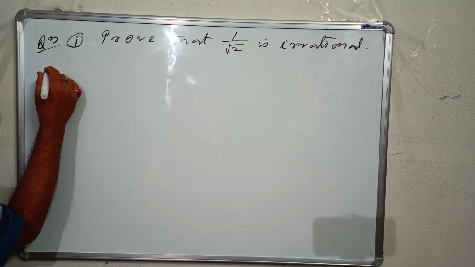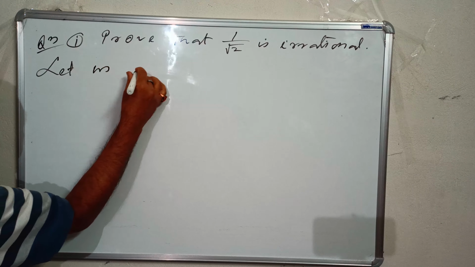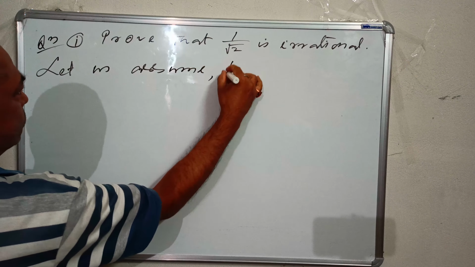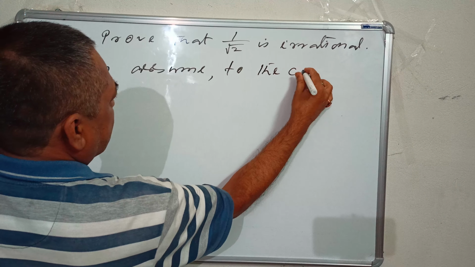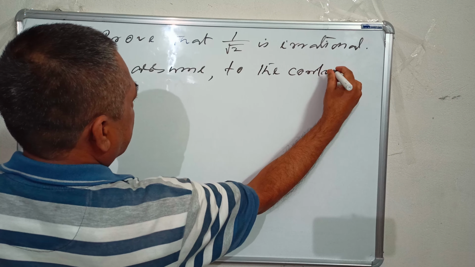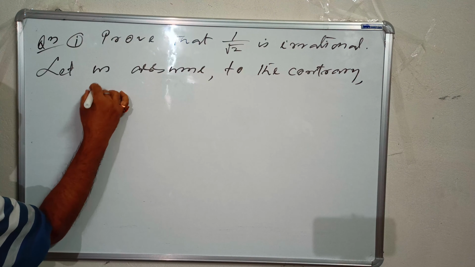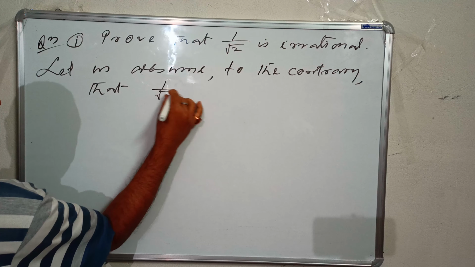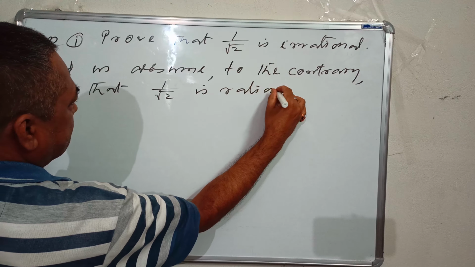So let us assume to the contrary that 1 by square root 2 is rational. Okay.